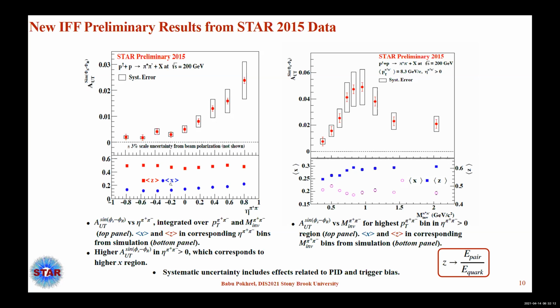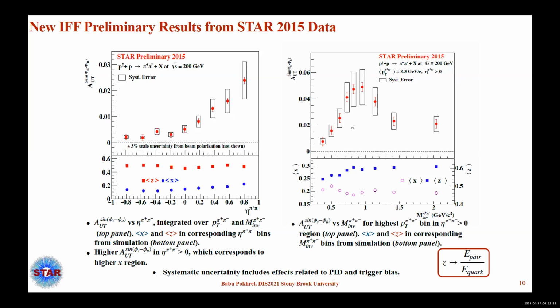So backward, we probe quarks with lower x, and forward, we probe quarks with higher x. A similar effect can be seen in the asymmetries, where the backward asymmetries are small and the forward asymmetries are pretty large, as expected. However, z is almost constant over the whole eta bins.